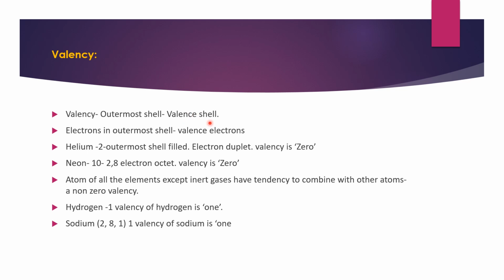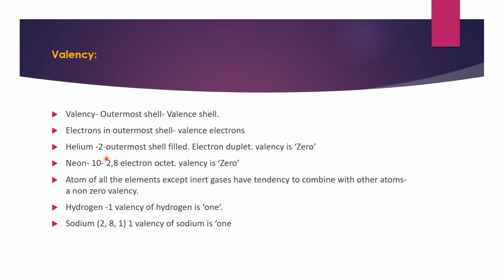Whichever shell is outside is called the valence shell, and the electrons present in the valence shell are known as the valence electrons. Those electrons are related to valency, that's why everything is named valence. The outermost shell is the valence shell, and the outermost electrons are the valence electrons.